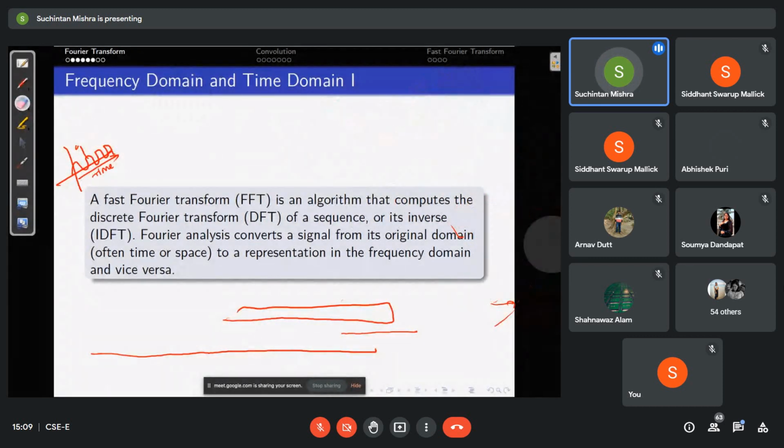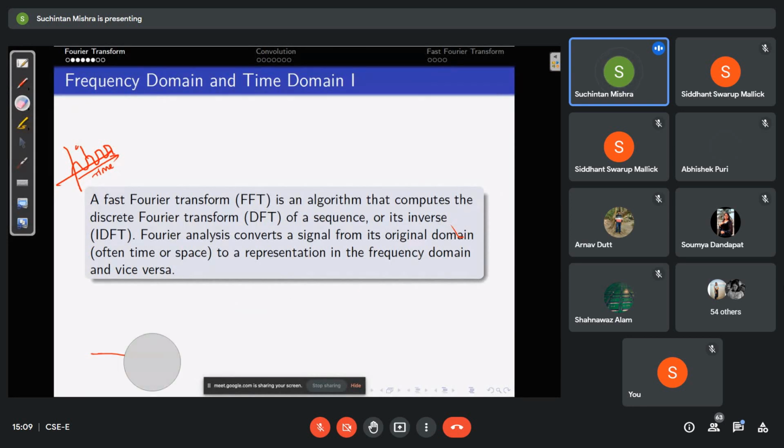Now, before you can understand what is the job of Fourier transform, we need to understand how a signal is represented. Okay, every signal can either be represented by its frequency domain or by its time domain. So what is the meaning of time domain and what is the meaning of frequency domain? So when a signal is represented according to the rate of change of time, at time 0, this is the value of signal, at time 1, at time 2, at time 3, so on and so forth.